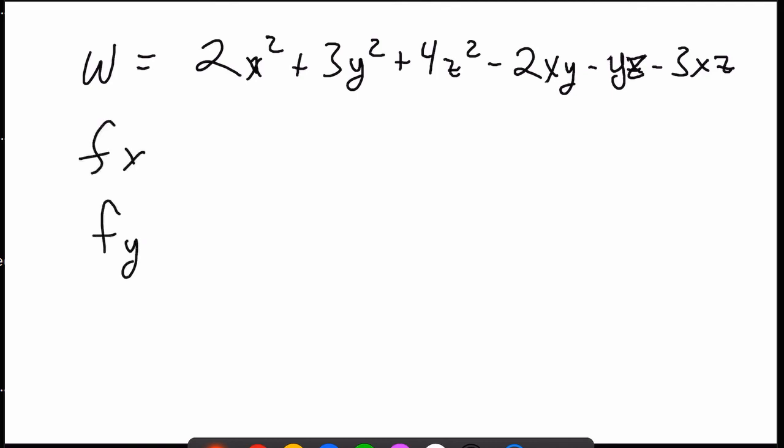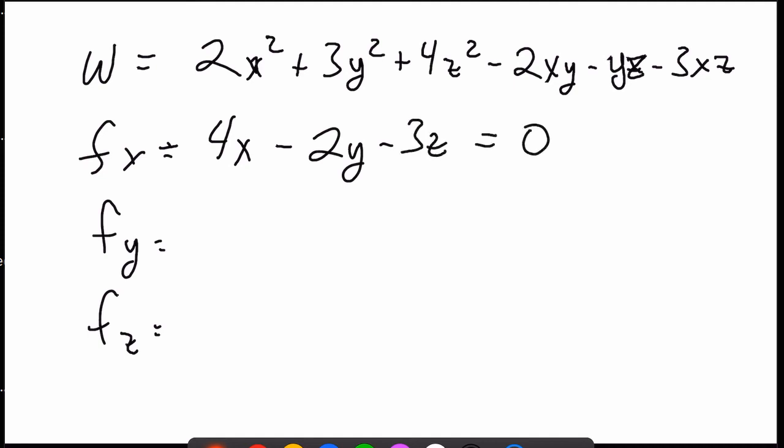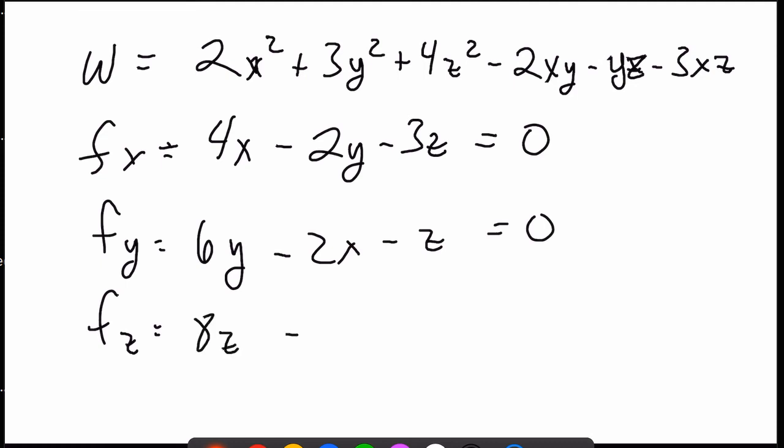And there's 3 of them. Yes? So that's 4x minus 2y minus 3z equals 0. Then we get 6y minus 2x minus z equals 0. And we get 8z minus 3x minus y equals 0.